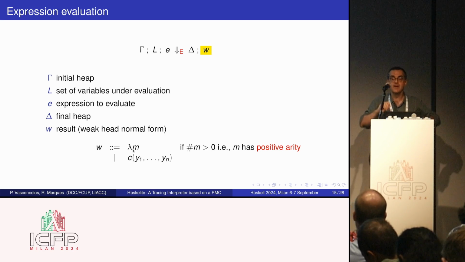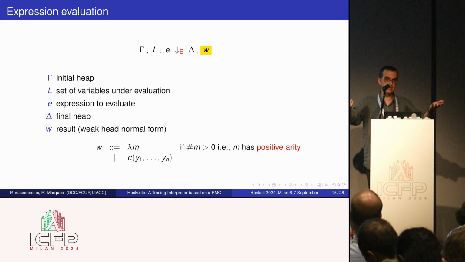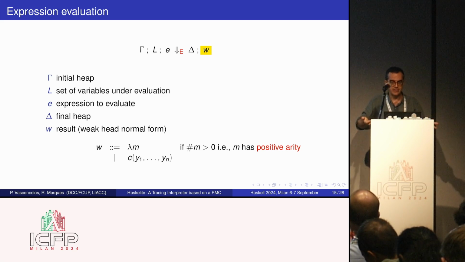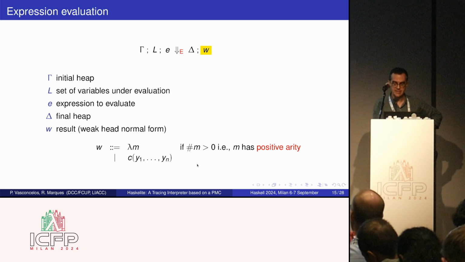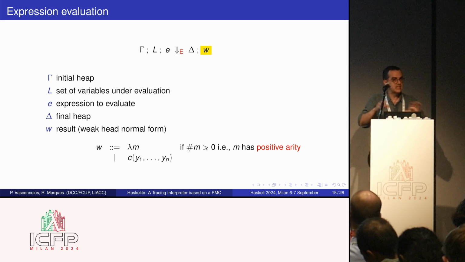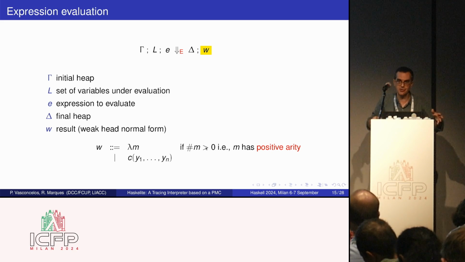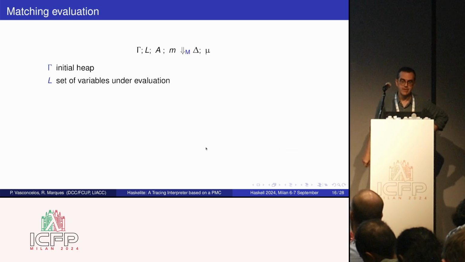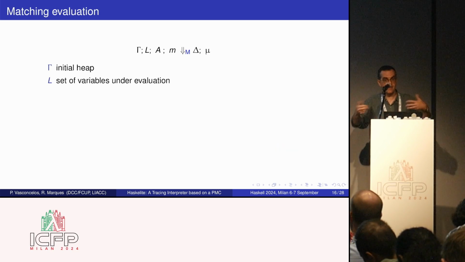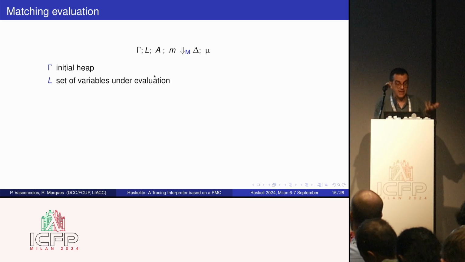It has to be expecting at least one argument. If it is already saturated, then it's still not in normal form. We have to reduce it further. And this symbol means arity. It's defined in the paper. It's a simple syntactic measure over the term. And we have an evaluation for matchings as well. And this is new because now the result isn't a weak head normal form. So we also need the heap.